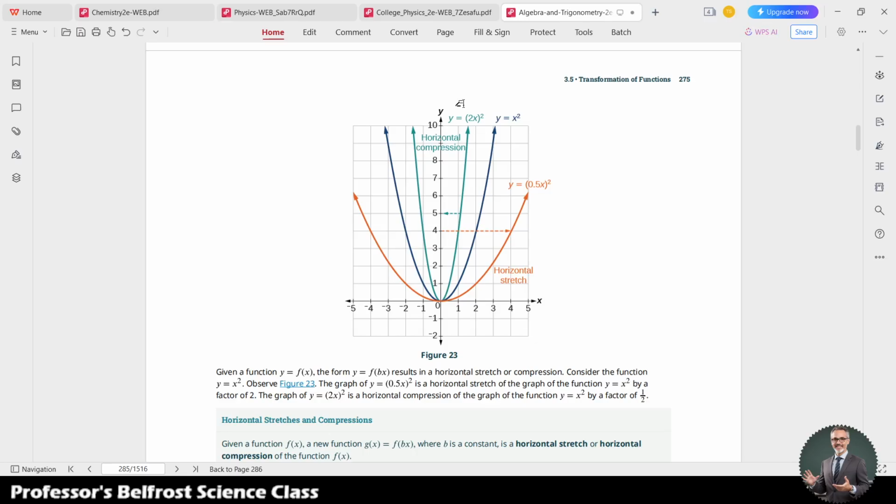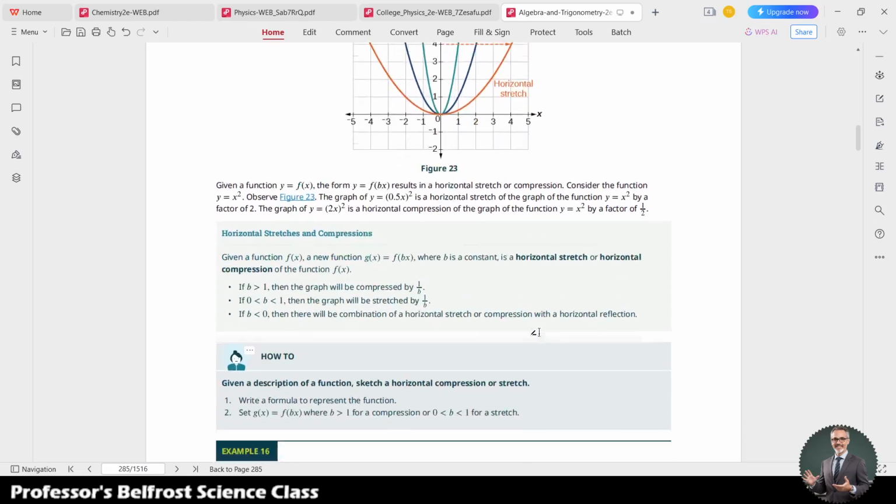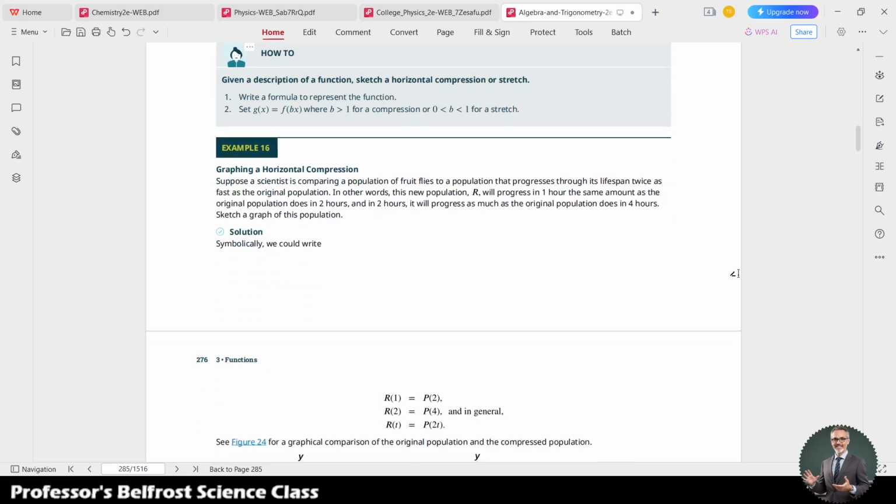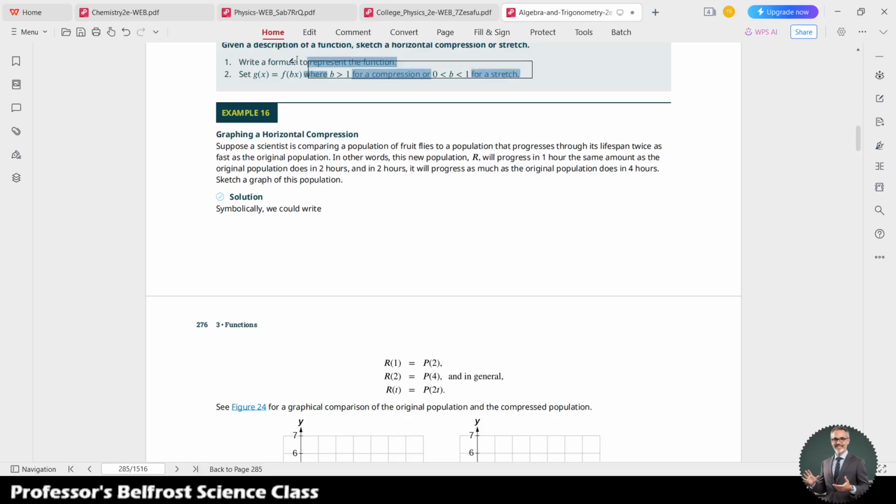And if we multiply by half, it makes it wider, so a horizontal stretch. Yeah, this is the rule.